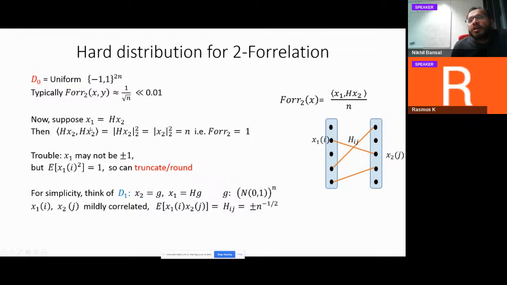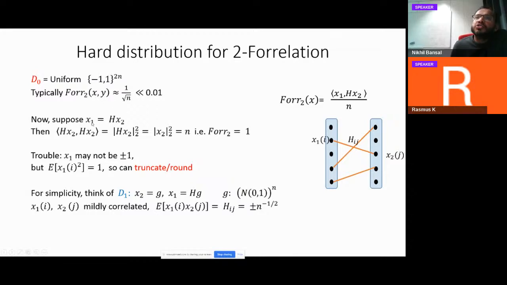Now let's see what about distribution D1, which is mostly distributed on inputs where the output is 1. So let's do a thought experiment. I'm writing xy here, but you can think of it as x1 and x2.